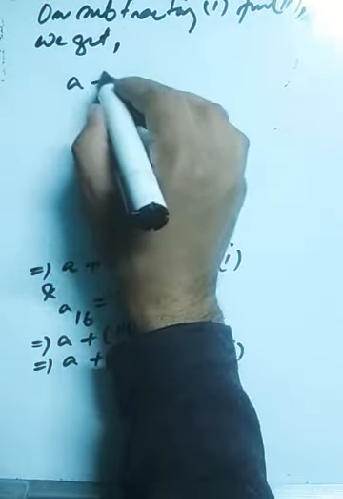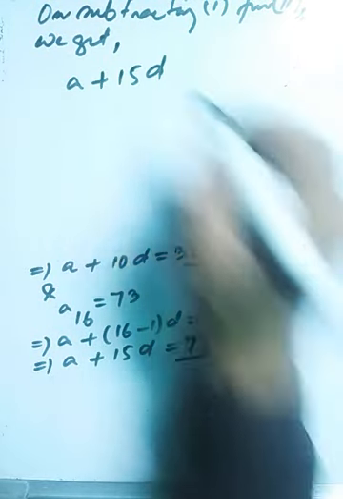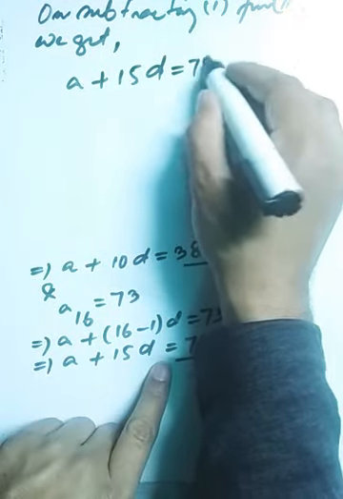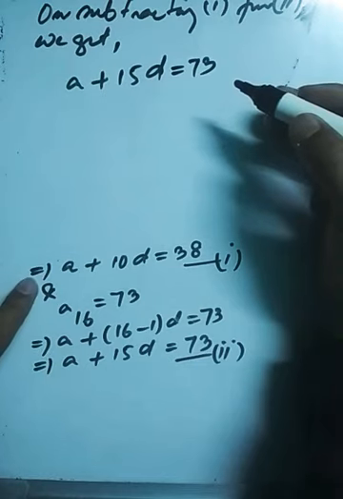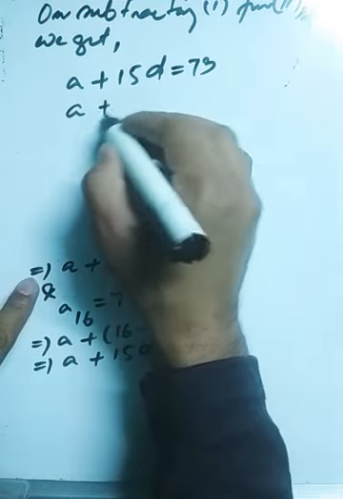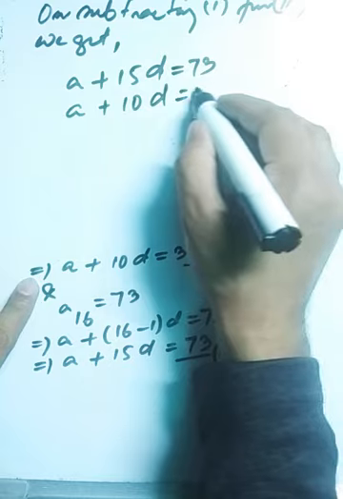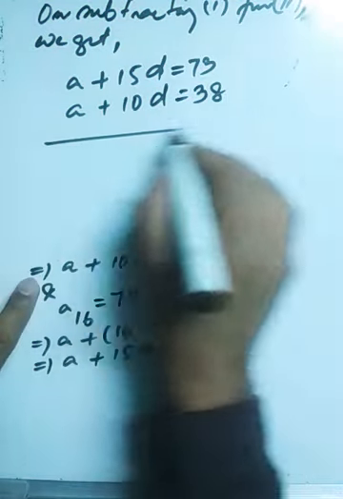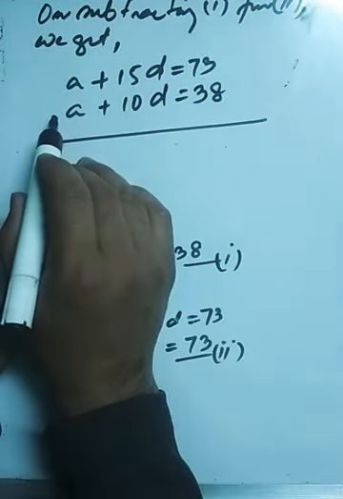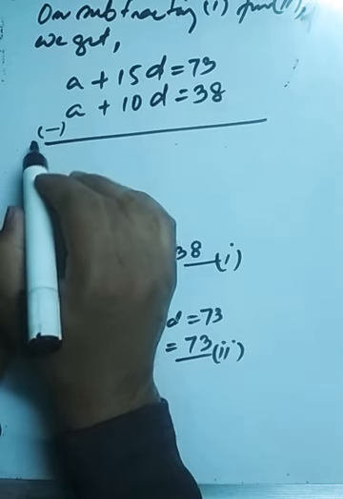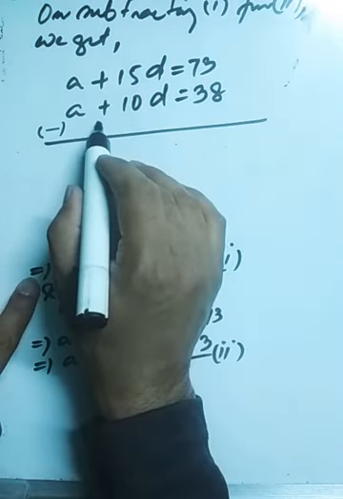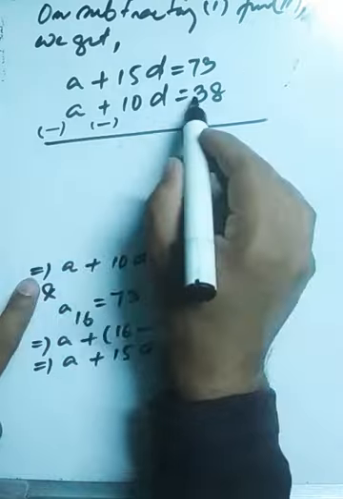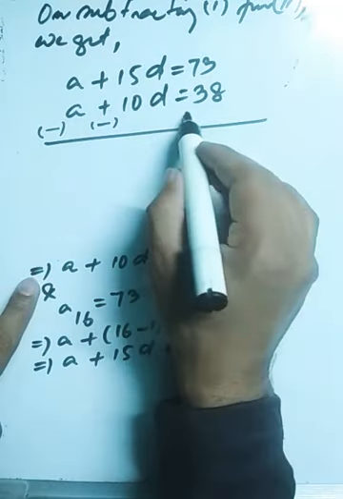So a plus 15d equal to 73. So equation 1 is a plus 10d is 38. We are going to subtract. So positive will be changed into negative. Positive will be changed into negative. Again this positive will be changed into negative.